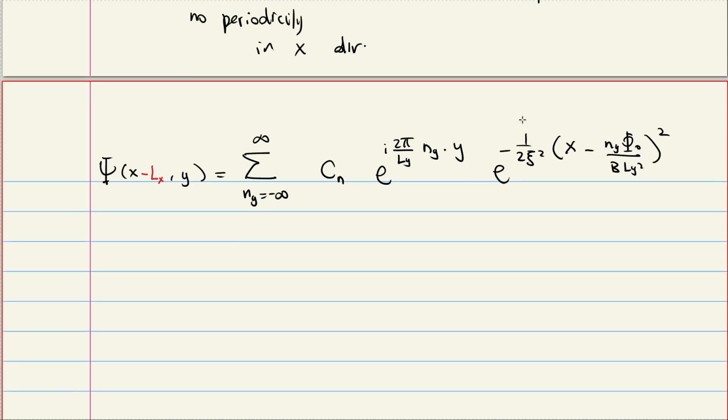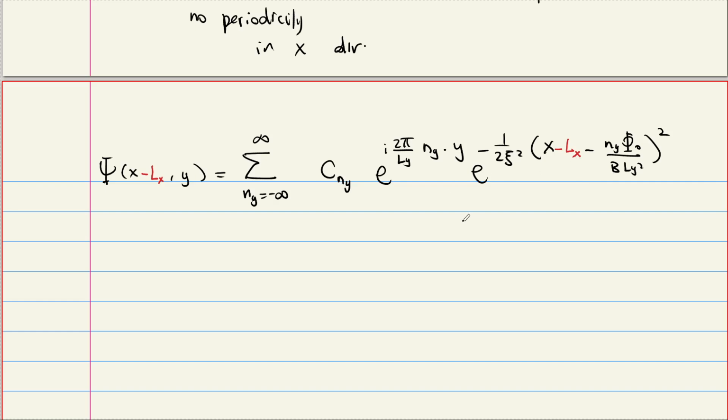What I need to do is, wherever I see x, I need to put x minus Lx, absolutely. And now I will look at this and say to myself, if I can combine this vector with this vector, and this is also ny, by the way, and if I can find a way to relabel the summations, I have a chance to have periodicity in the x direction.